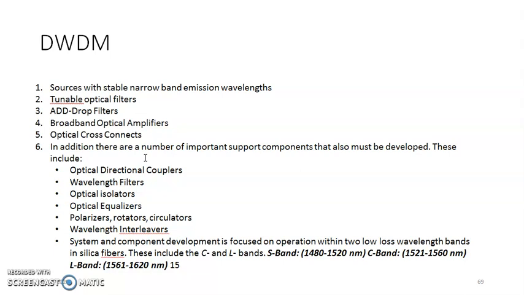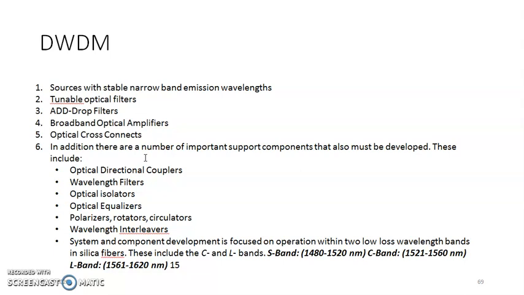It has tunable optical filters, add-drop filters, or we can say multiplexers, broadband optical amplifier, optical cross connect. In addition, it has an optical directional coupler, wavelength filter, optical isolator, optical equalizer, polarizer, rotator, circulator, wavelength interleavers, and all those work in this L band or C band.